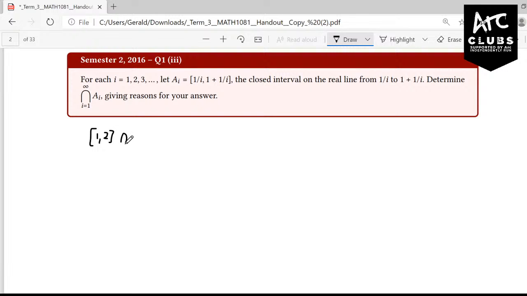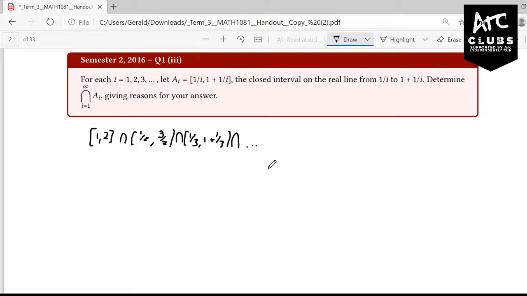Then you take the intersection with the next portion: 1 divided by 2, and 1 plus a half, which is 3 over 2. Intersect, and then you repeat it: 1 over 3, and 1 plus 1 over 3. And you keep going in this manner.